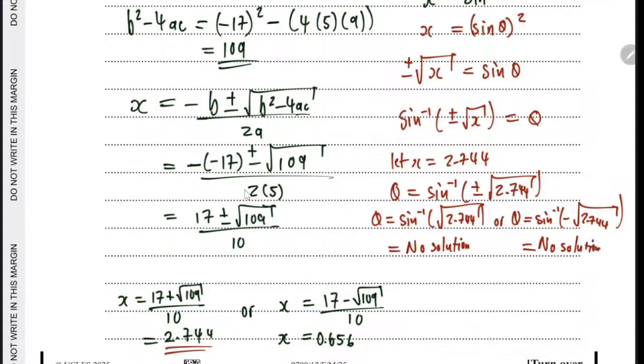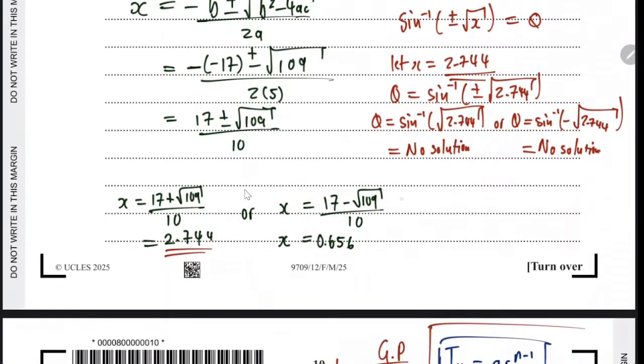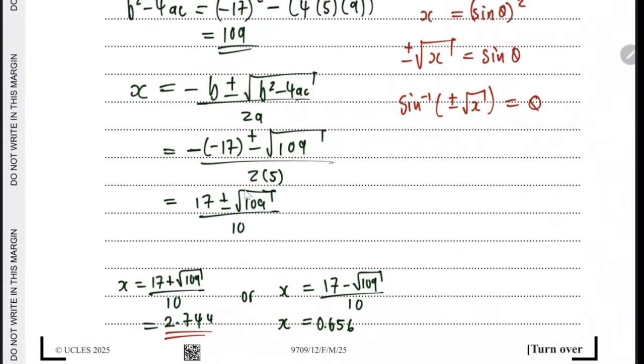Really? You know why? Because sine theta cannot be bigger than 1. You get it? Sine theta is, remember the graph, from minus 1 to 1, okay? So we actually wasted our time. We might as well just remove it. You can say theta is sine inverse of whatever. And you can say sine theta is plus or minus root x.